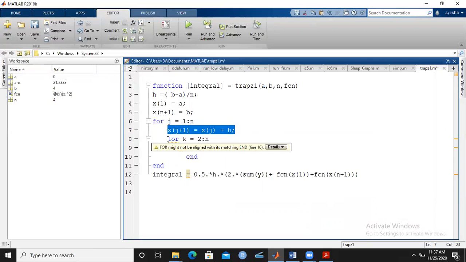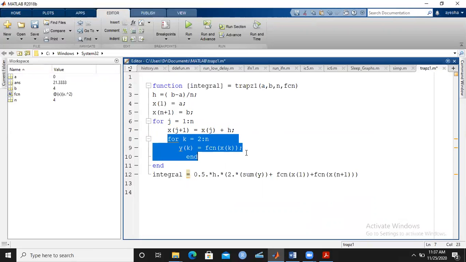Next, you can see that we have changed the index, not 1 to n, but 2 to n, so the first value we have skipped. Why? Because we will use it later in the trapezoidal rule formula. You can see the functional value at x of 1, the functional value at x of n plus 1, and 2 times the sum of y. Now what is this y?